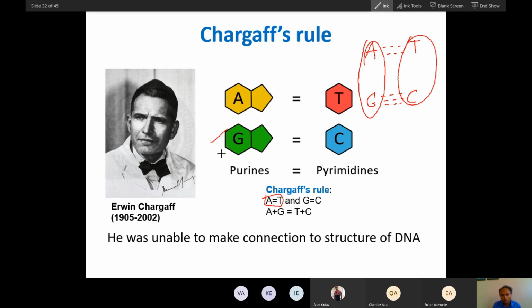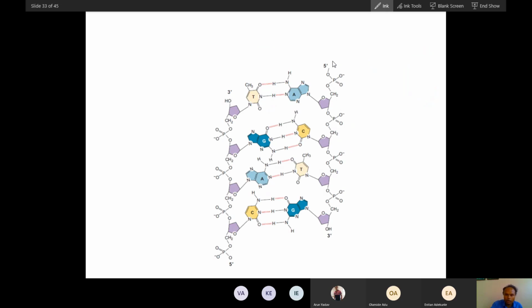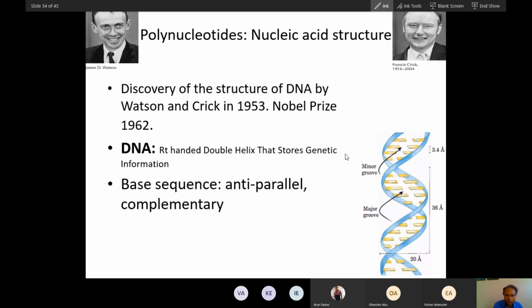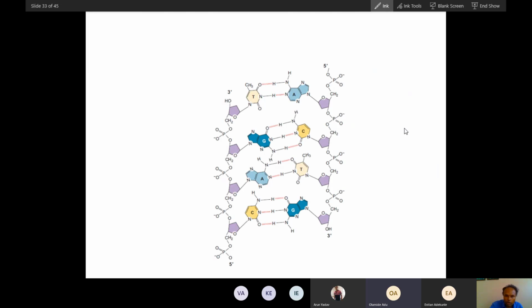This rule is called Chargaff's rule. Chargaff's rule laid the foundation for the discovery of the Watson-Crick double-stranded helical model. So we will stop here.